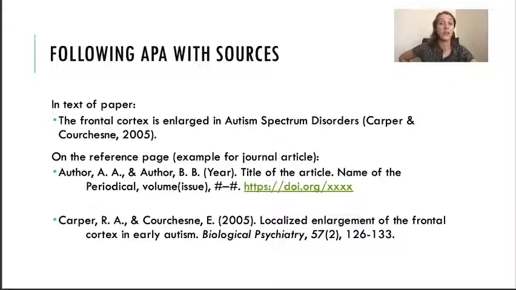We include the title of the article in sentence case, meaning you write it like a sentence. The first word will be capitalized and any proper nouns will be capitalized, but otherwise every other piece of the title is lowercase. We have the name of the periodical or the journal. We are mostly going to be citing from journals.